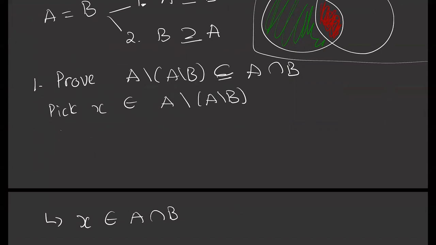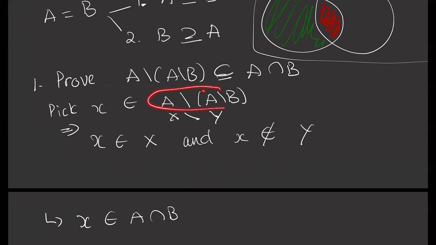So we can use the definition here. If X is in a set like X exclude Y, then it means X is in X and X is not in Y, right? So it looks simpler than having a bunch of stuff here.